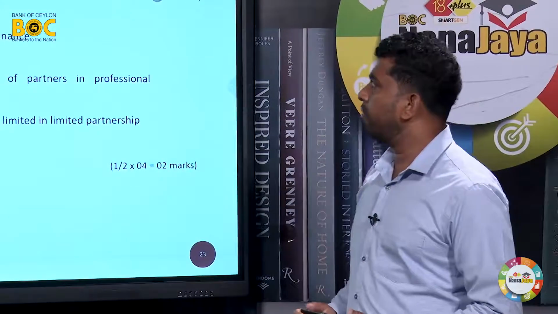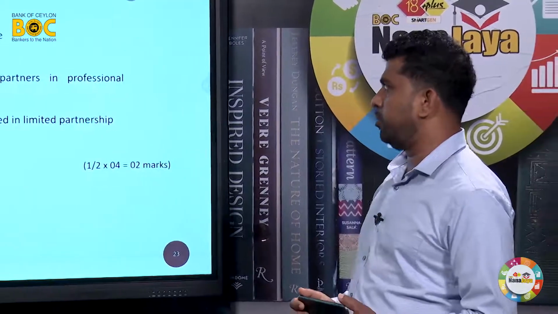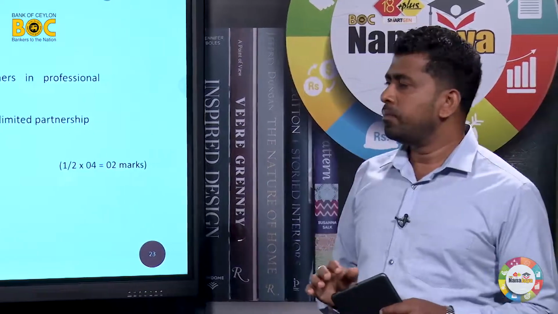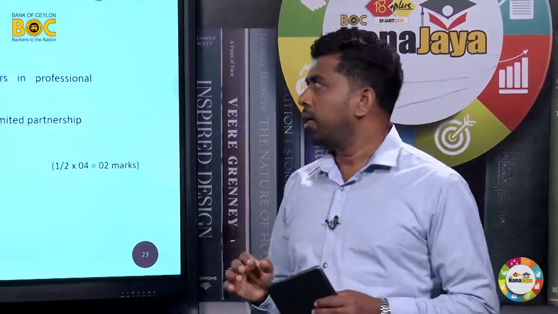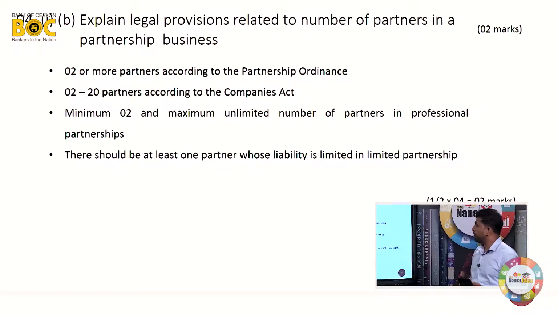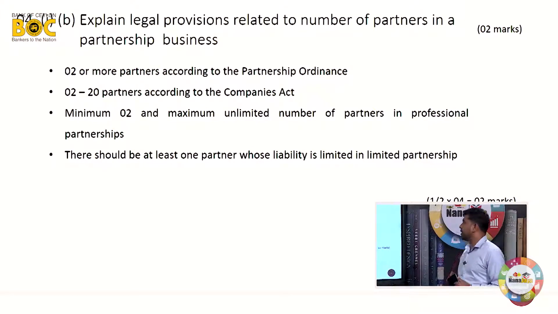Explain legal provisions related to number of partners in a partnership business. In your syllabus, some points have been given regarding this provision. 2 or more partners according to the partnership ordinance. 2 to 20 partners, it is stated in the Companies Act number 7 of 2007.